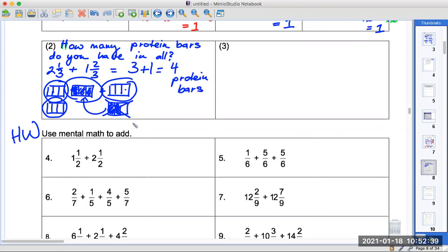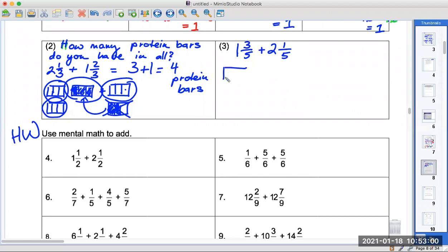Okay. Another protein bar question, 1 3/5 protein bars. So you have 1 whole 1 and 3/5 of 1, plus 2 protein bars and 1/5 of 1. Okay, so I'm going to draw the picture out.